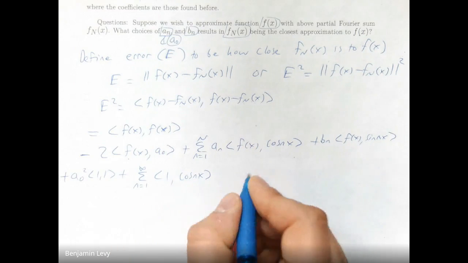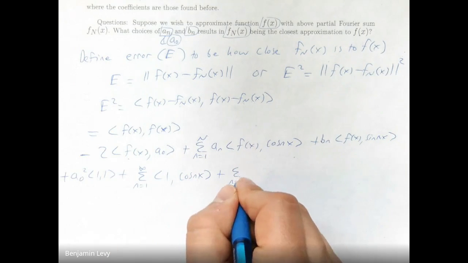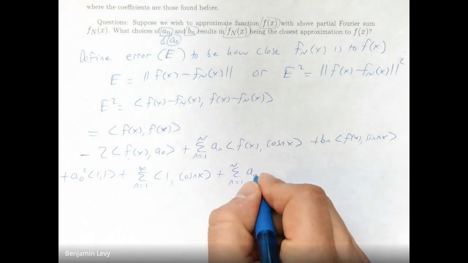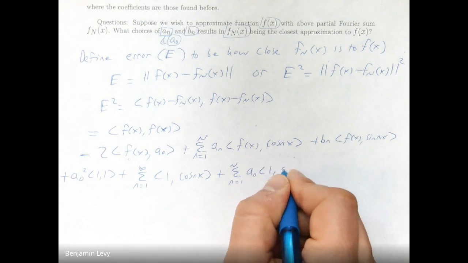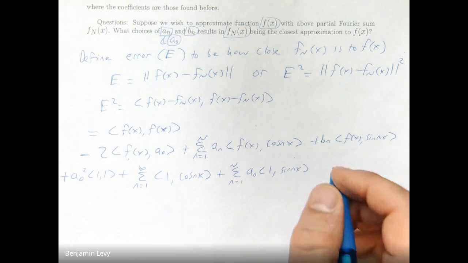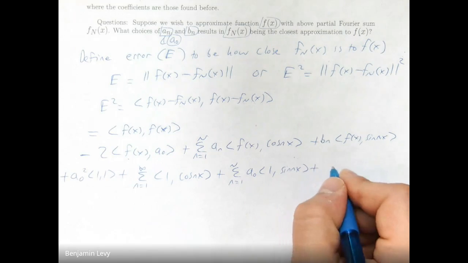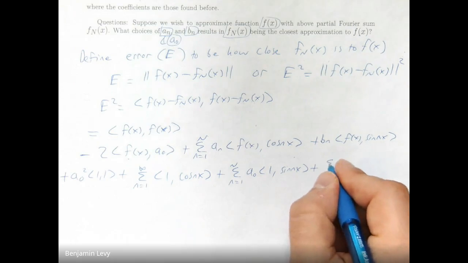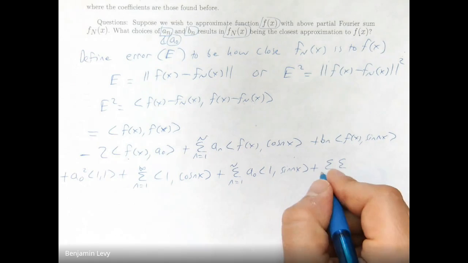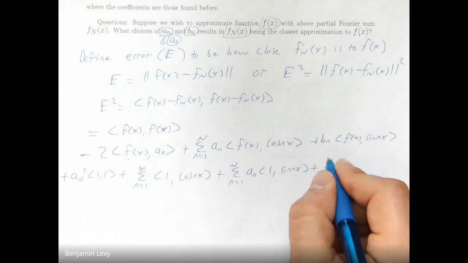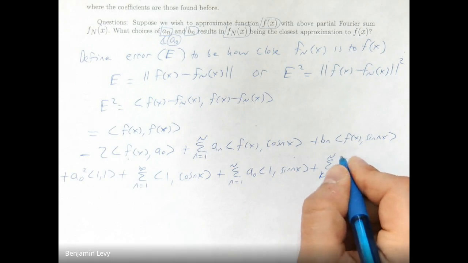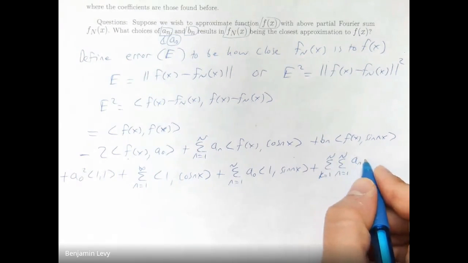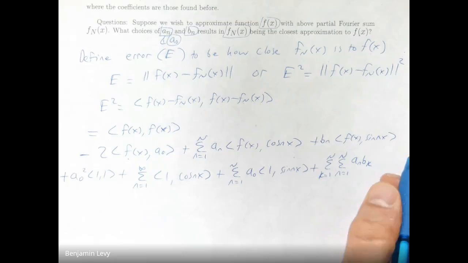Again, this is just the expression that we would obtain after we substitute in the formula for f_n, the formula at the top of the page, and then we distribute through the two different inner products. The last term is a double sum, so this one is k equals 1 to n, n equals 1 to n, of a_n b_k sine cosine. Running out of room.